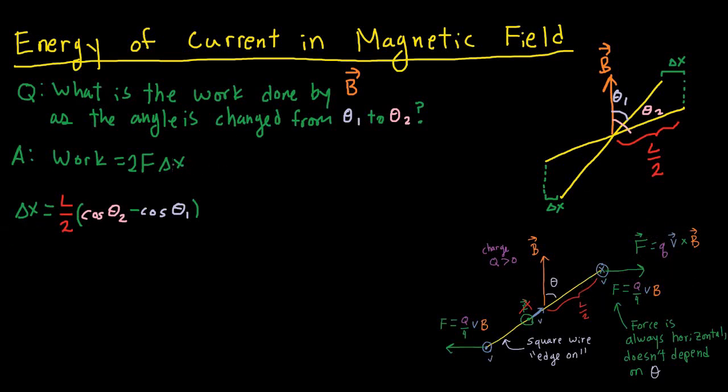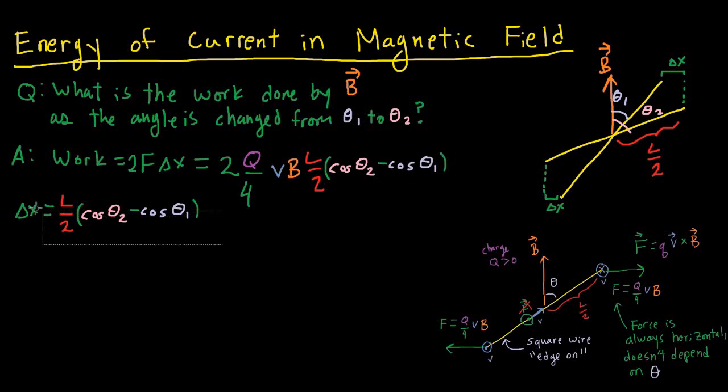So we can just plug in F and delta x to figure out that the work is equal to 2 times q over 4 v B times L over 2, I'll just copy this, cosine of theta sub 2 minus cosine of theta sub 1.